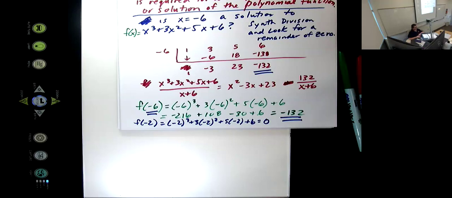So there is a way that's technically even faster than synthetic division to see if a number is a root. Plug it in and see if you get 0. Because it's claimed to be a solution, so is it a solution? Yeah.